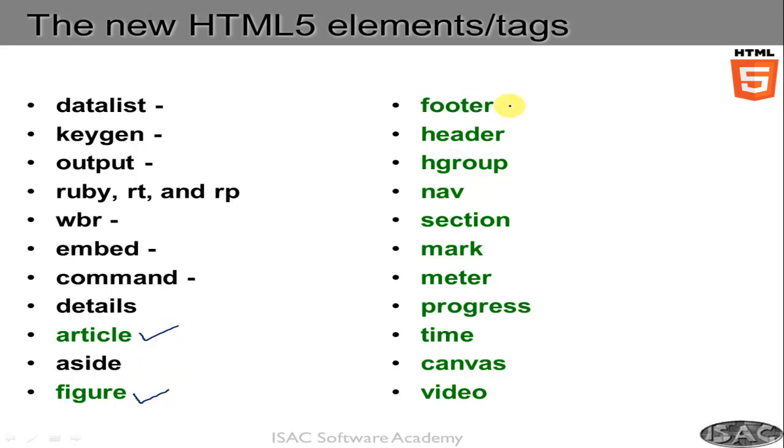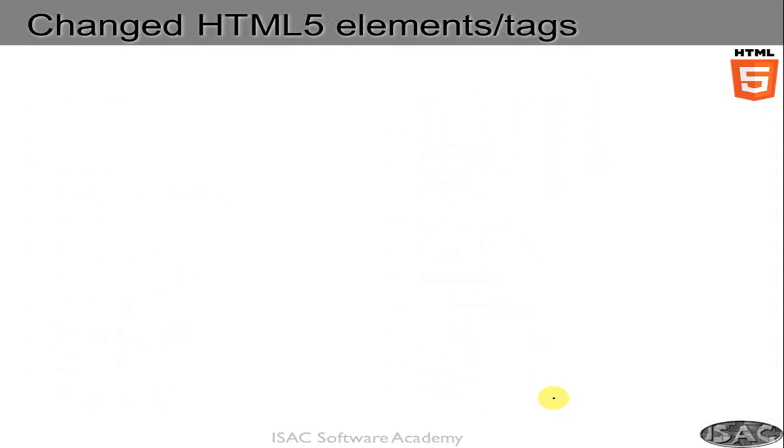These are important ones used by HTML5 developers. We will see them with various examples and use cases, and how you can use these new elements and tags in the web pages or websites you develop.